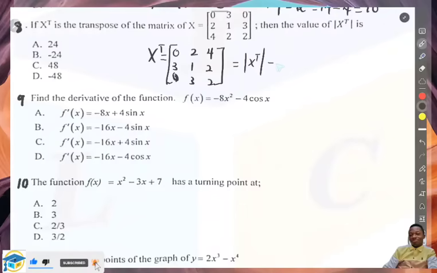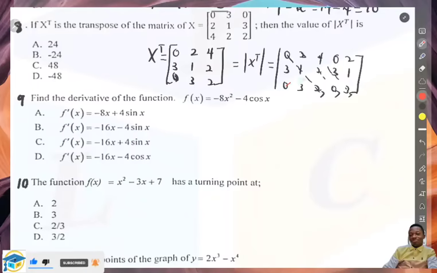So here, we have 0, 3, 0, we have 2, 1, 3, we have 4, 2, and 2. We repeat the first two columns to be added to it. That becomes 0, 3, 0, we have 2, 1, and 3. Once you are done, we start with the downward arrows. So we have our first downward arrow forming at this point, then here 2, forming at this point, then here 2, forming at this point.